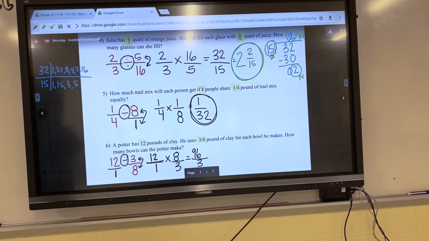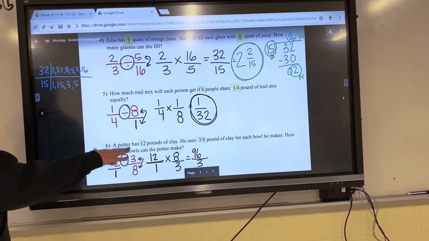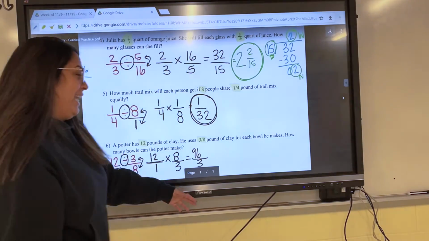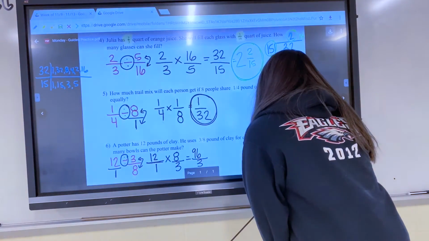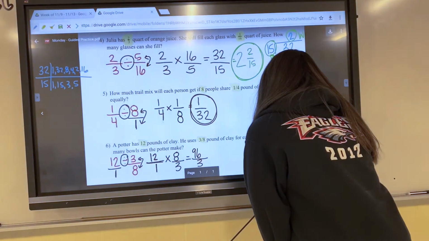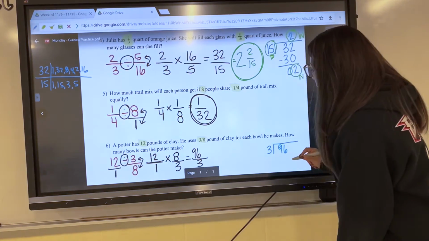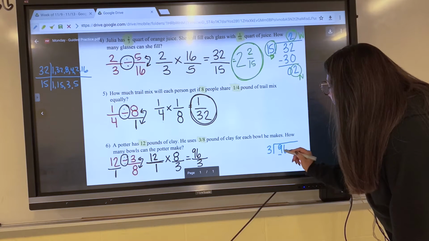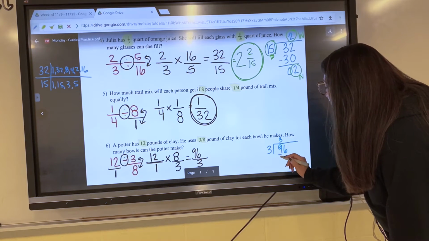Now, I do not know the math facts of 96, I'm going to be honest. So I'm going to just go ahead and divide and see what my mixed number would be. So I'm going to do 96 divided by 3. 3 can go into 9 3 times. 3 times 3 is 9.